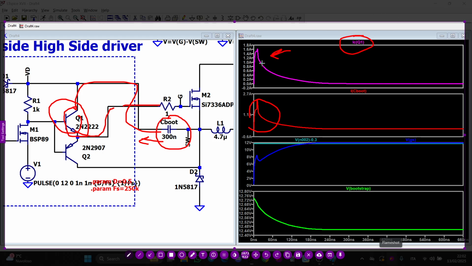So I expect this current here to be the same in the turn on phase of my waveform. And it is, because this is the VGS, and this current here is charging your VGS. This is the plateau voltage, and then after that it slowly rises to the VGS.